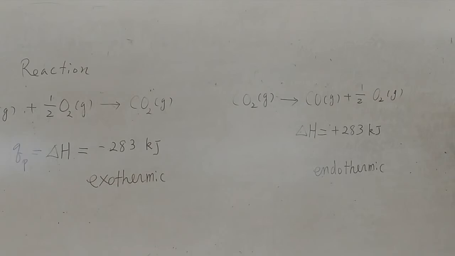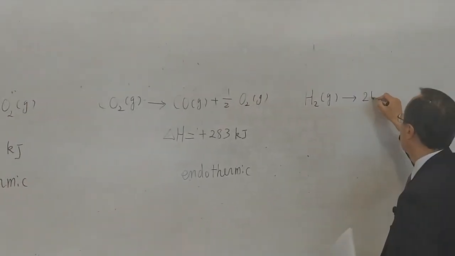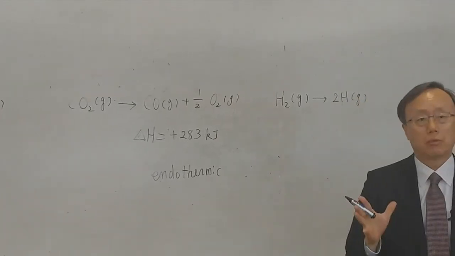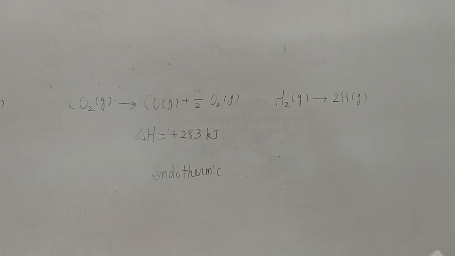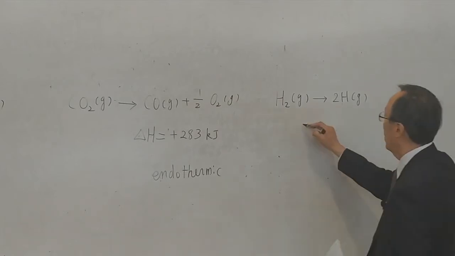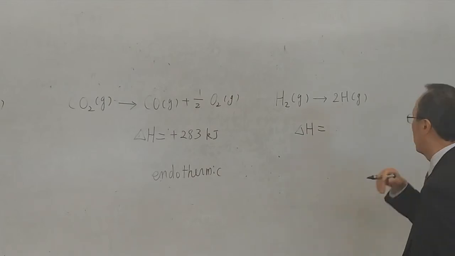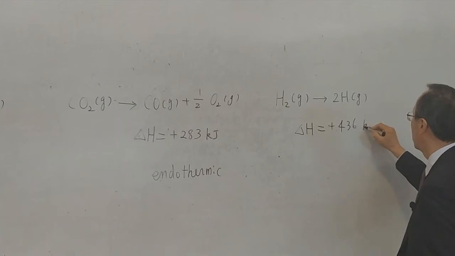How about this one? H2 gas to 2H. So H2 molecules convert to atoms. Delta H equal plus 436 kilojoules.